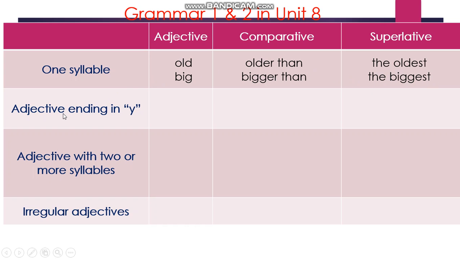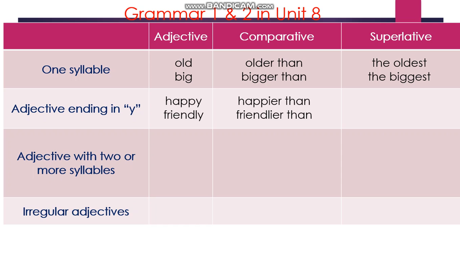Look at adjectives ending in Y. For example, happy and friendly. Comparative, how do you write? Good job, happier than, or you can say more happy than. And friendly, you can write friendlier than or more friendly than.